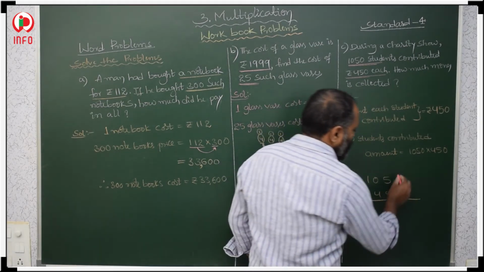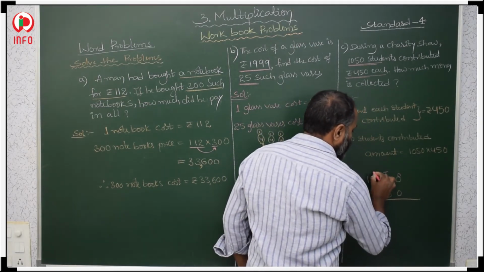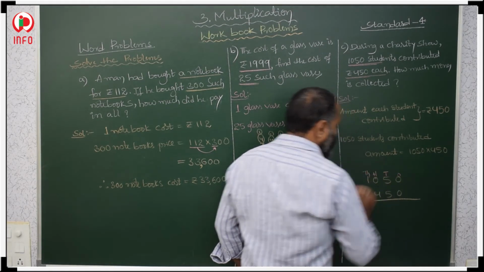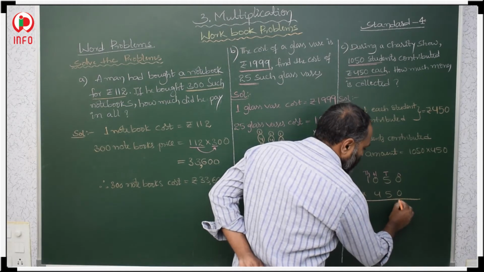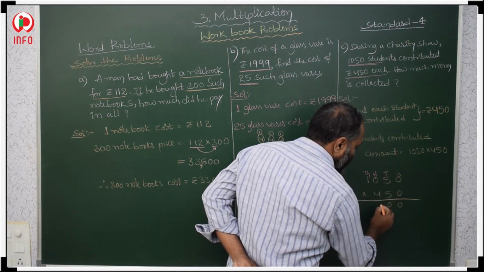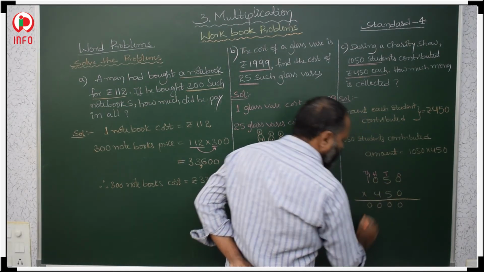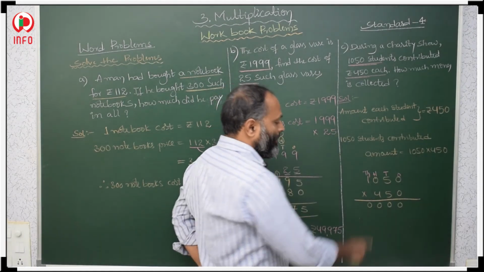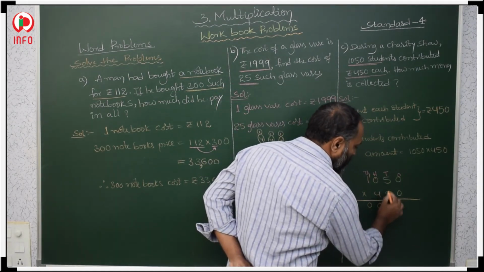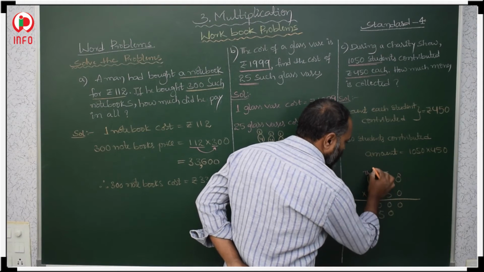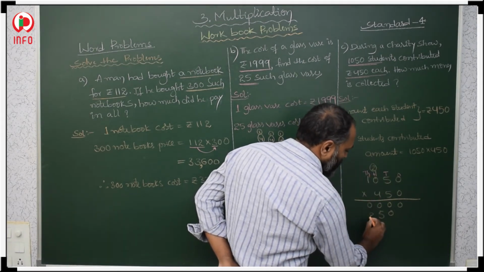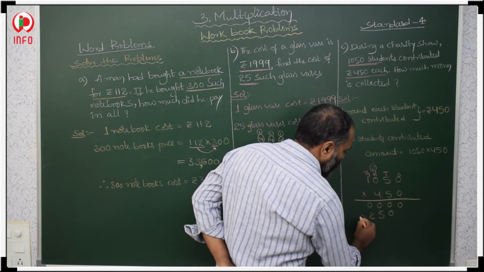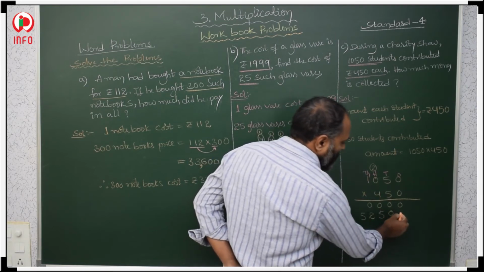This is ones, tens, hundreds and thousands. First with 0. 0 zeros are 0, 0 5s are 0, 0 zeros are 0, 0 1s are 0. Now with 5. 5 zeros are 0, 5 5s are 25 and 2 here. 5 0 0, 0 plus 2, 2. 5 1s are 5. Next with 4. Here we have to take 0.